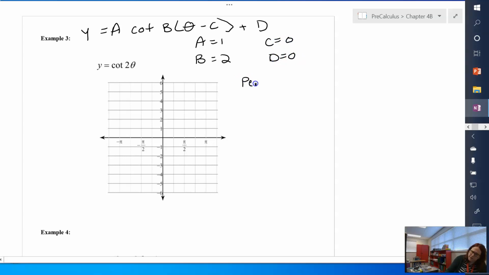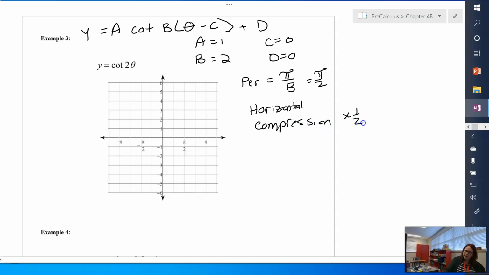Our period is still pi over b, so we're going to get pi over 2 as our period. So what we're going to have here is a horizontal compression. That's a times 1/2. And we don't have any stretches. We don't have any up or down shifts or left or right. So I have a compression of 1/2.